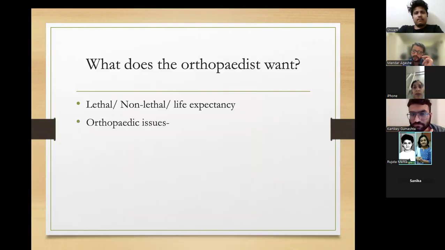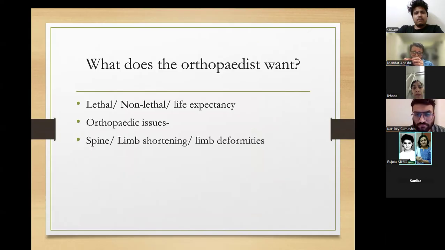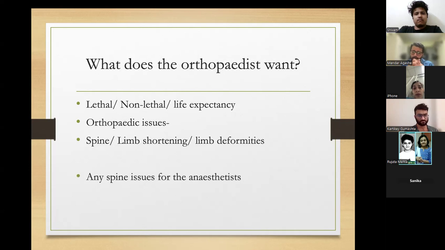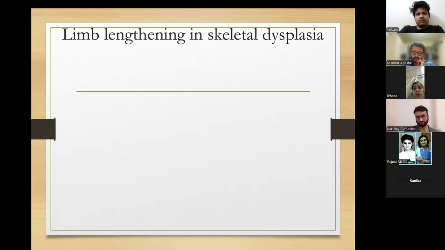Second, we should know what the orthopedic issues are, whether it involves the spine, whether they have come for limb shortening or the dwarfism itself, or for limb deformities. And what is very important is that in case we need to operate on the child, we should know what difficulties can be encountered, especially for the anesthetist, where there can be atlantoaxial instability, and you should not lead the child to quadriplegia on the table. So you should always know about these conditions.